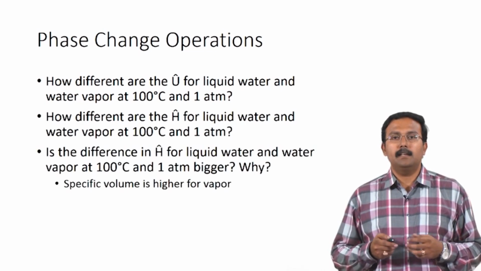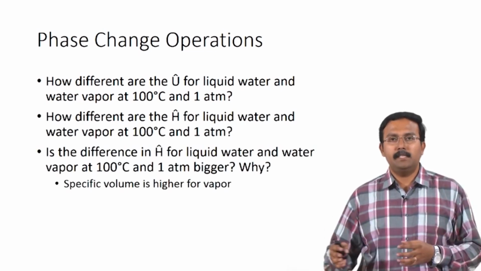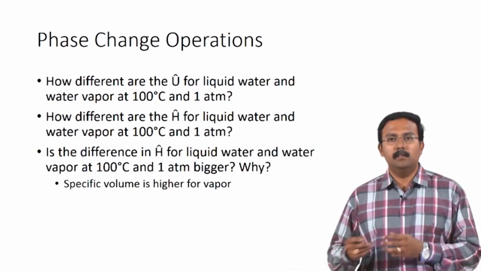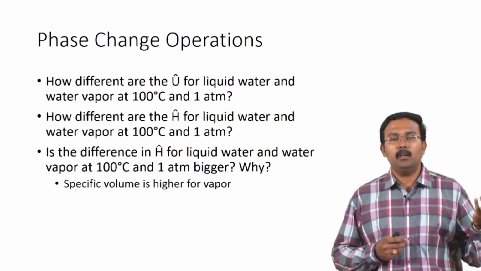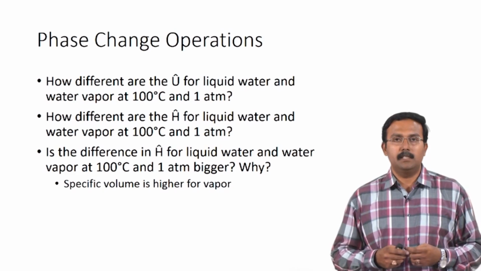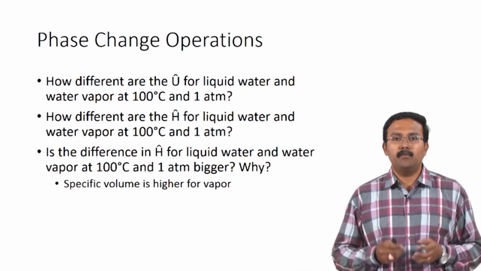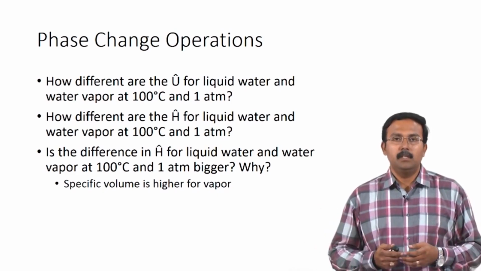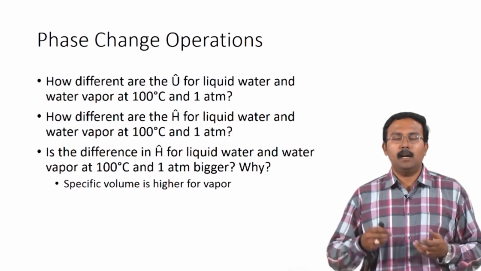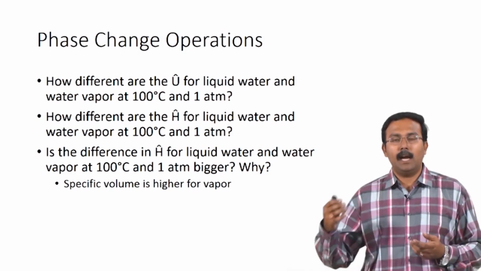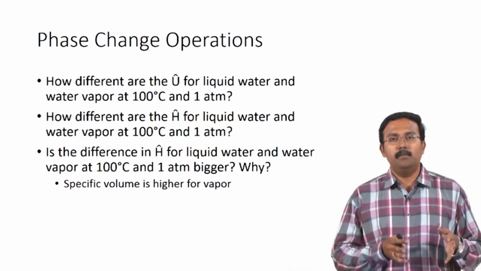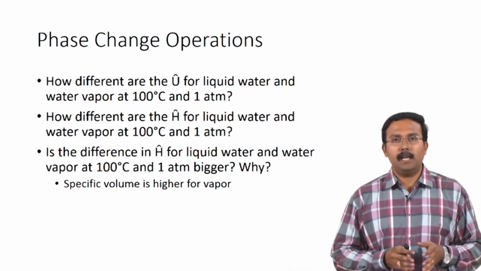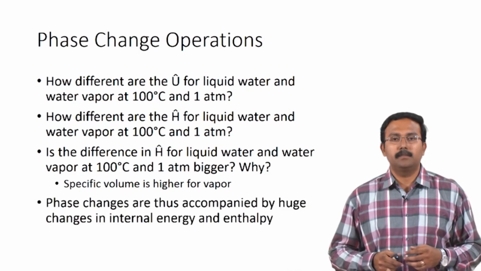You would find that the specific enthalpy change between the liquid and the vapor is much higher than what you observe for the specific internal energy change. This is because the specific volume is higher for vapor, as enthalpy accounts for internal energy and the PV term. The difference is higher for specific enthalpy compared to specific internal energy.